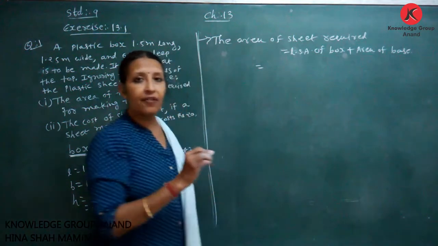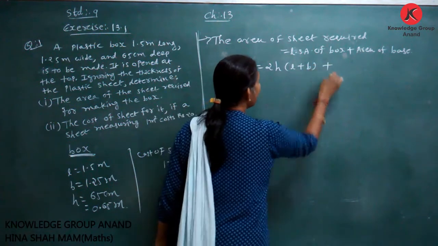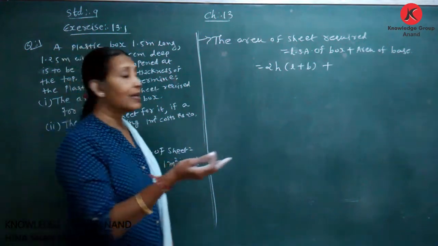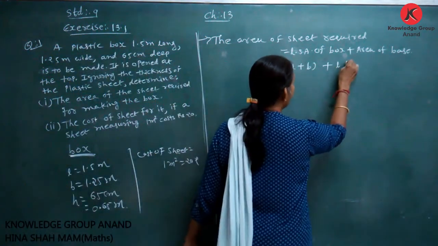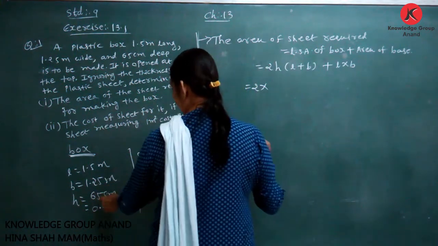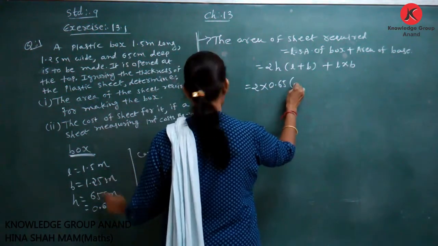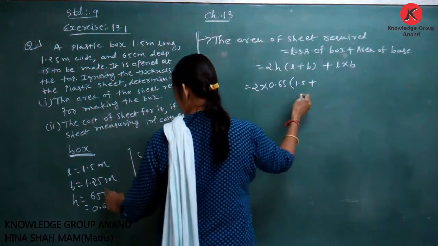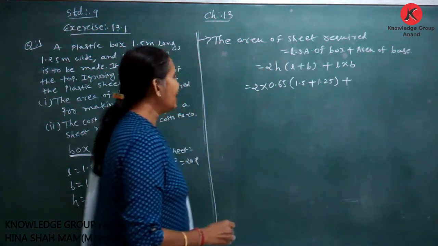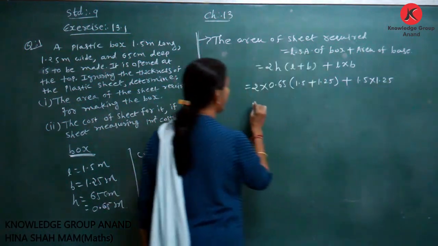Now, lateral surface area of box. What is lateral surface area? 2h into L plus B, plus area of base. What is the area? The base is a rectangular shape, so L into B. Put the values: 2 into h, h is equal to 0.65, into L is 1.5 plus B is 1.25, plus L into B, 1.5 into 1.25.